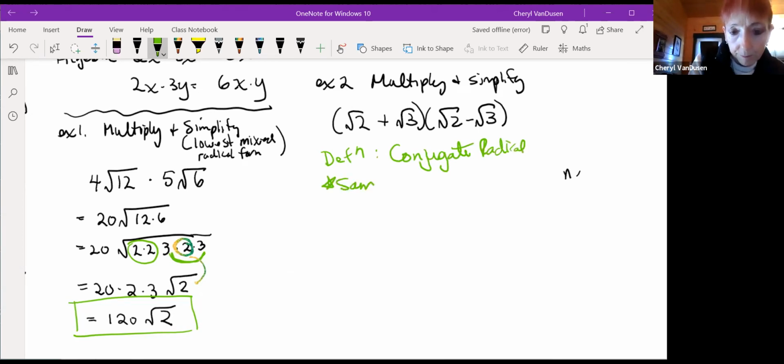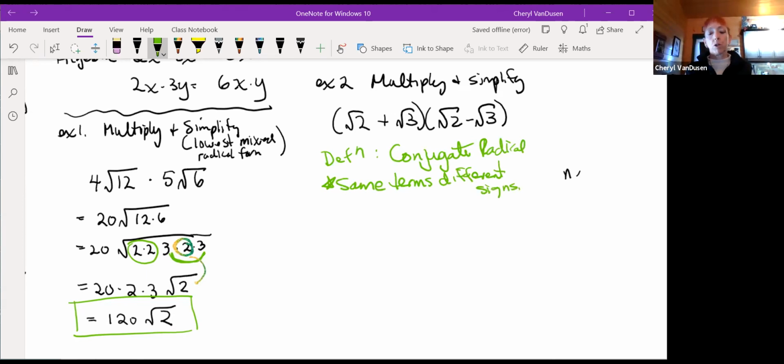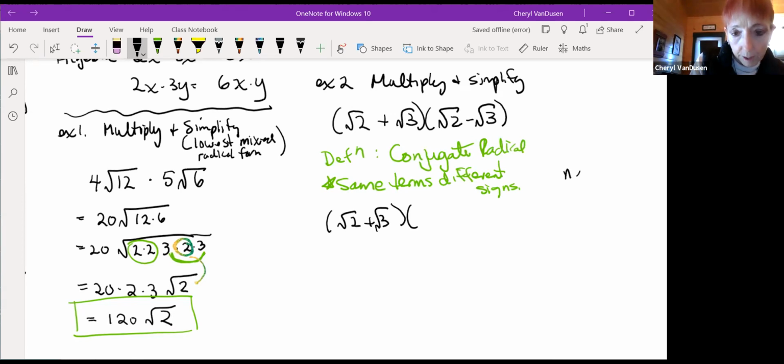Same terms, different signs. And something really cool happens, and we'll need to use conjugates when we get to division. So it's a nice way of introducing it to you right here. So remember, I'll just rewrite it down here so that I can draw on the question.